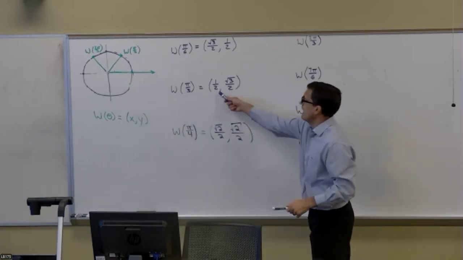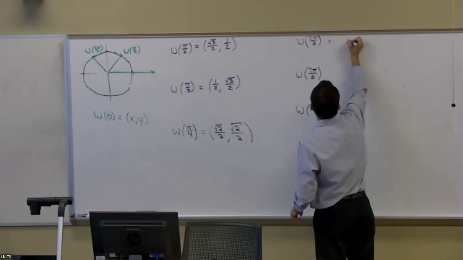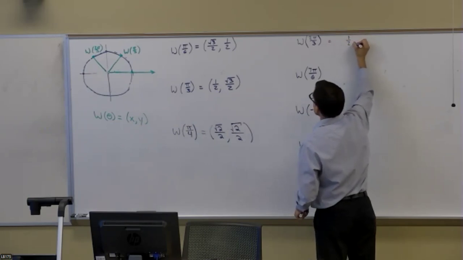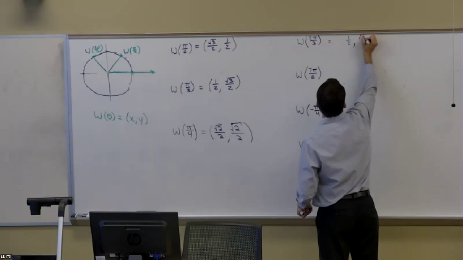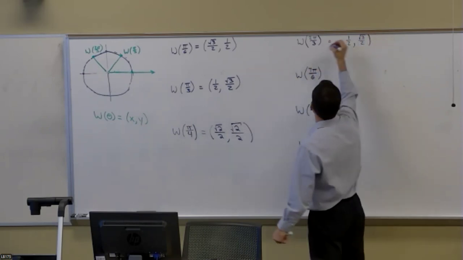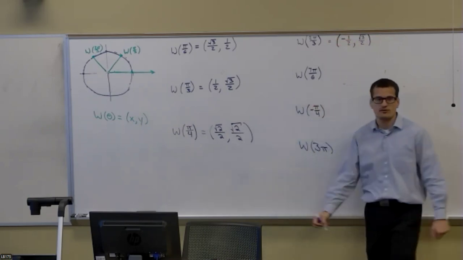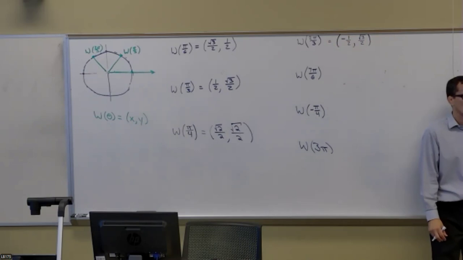So I look at the wrapping function on pi over 3. I saw that was 1/2, √3 over 2. Since we're in the second quadrant, I just make the x value negative. So it's going to be negative 1/2, comma, √3 over 2.